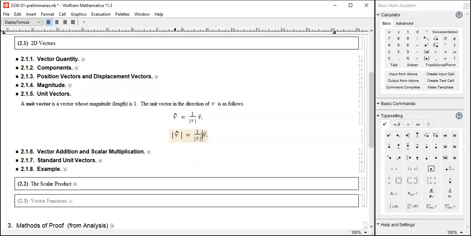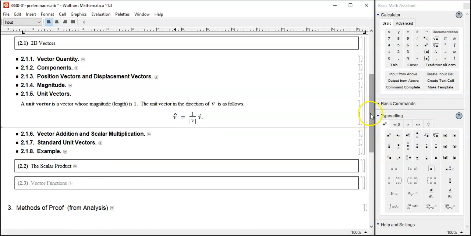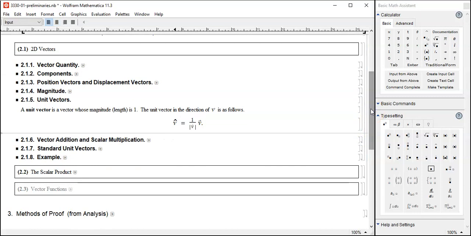We have cancellation. Numerator and denominator are the same, so we have 1. So if we define a vector like this, it always has magnitude 1, and the direction is the same as the original vector v. So what we end up with is a unit vector, a vector with magnitude 1, but the same direction as the original.